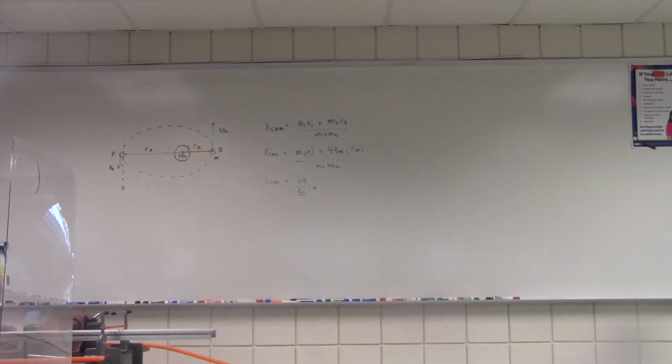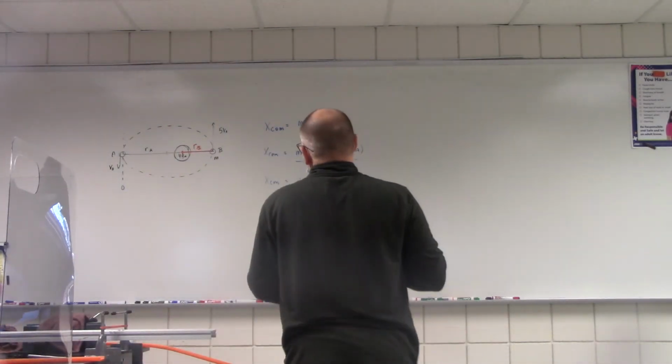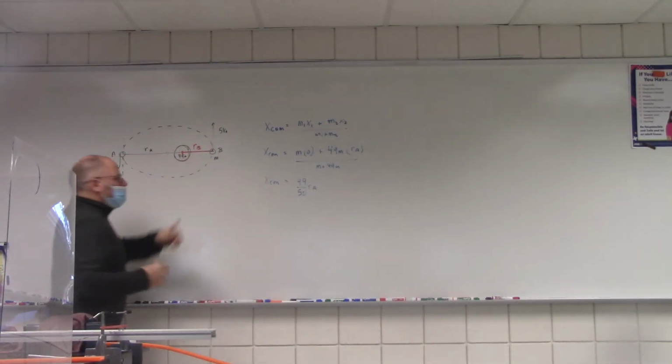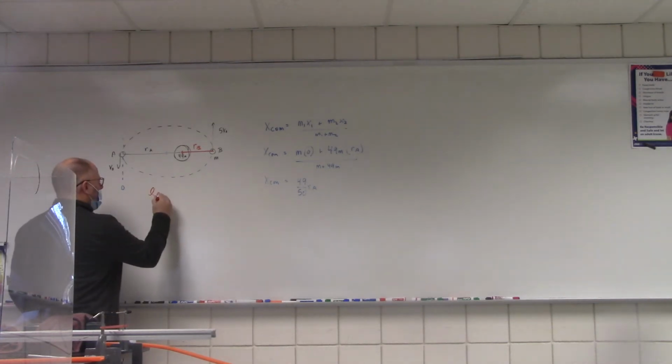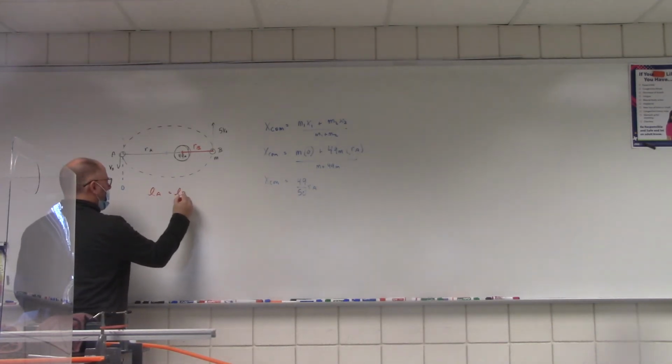So how are we going to do that? Well, I think this is where we're going to have to use our angular momentum. At these two points, I know the angular momentum is conserved. So L at point A is equal to L at point B.